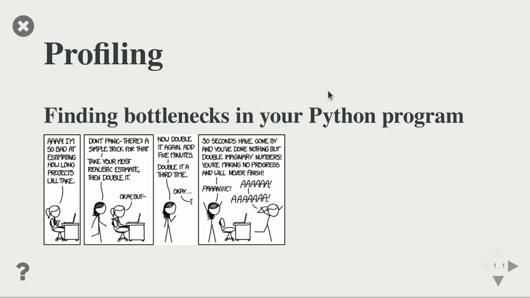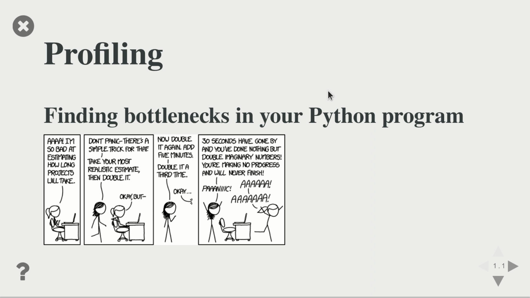So your entire source code might be 1,000 lines, but the part that causes the slowdown is only 5 to 10 lines of code. Profiling is the procedure to identify these 5 to 10 lines of code that you need to optimize.